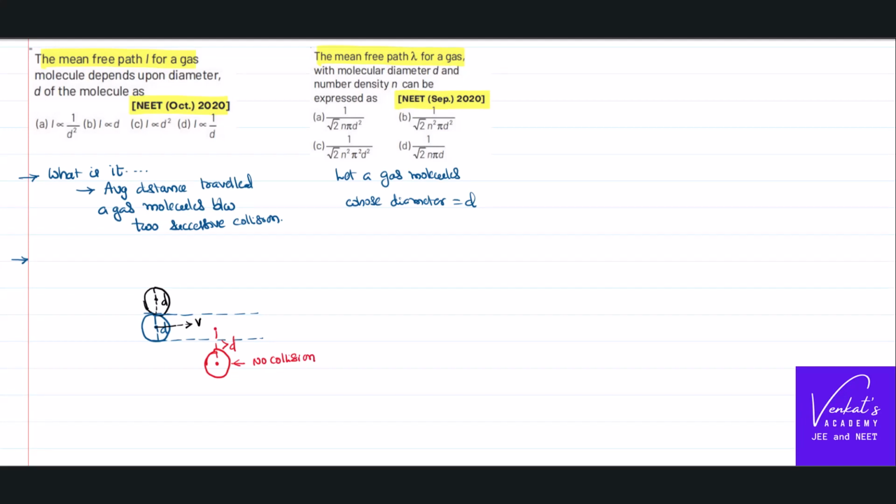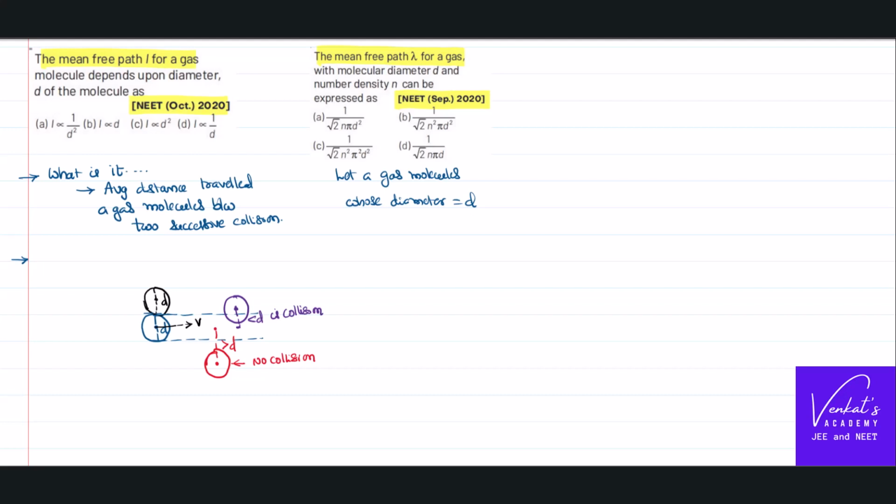But if I draw another gas molecule, say purple, which is somewhere here, it could be anywhere, the distance from this center to this center is less than d. It is coming in the path, therefore there is a collision. So all the gas molecules that come within the periphery of a given gas molecule will have a collision. But how do I explain that?